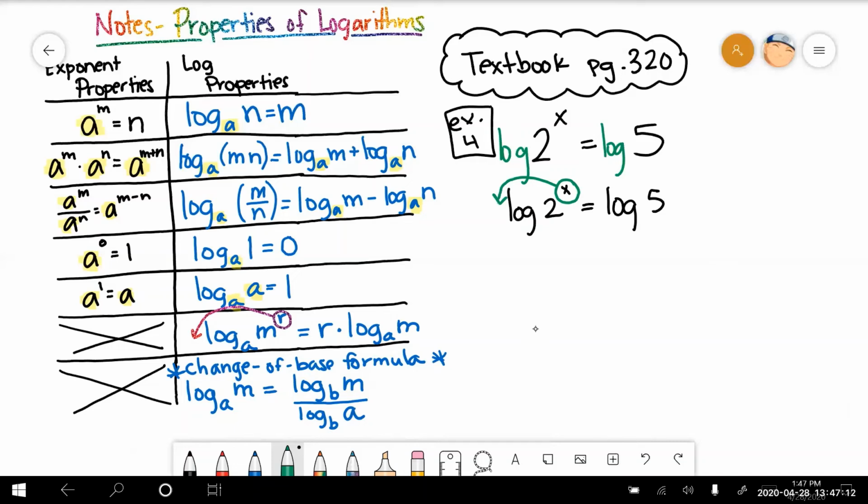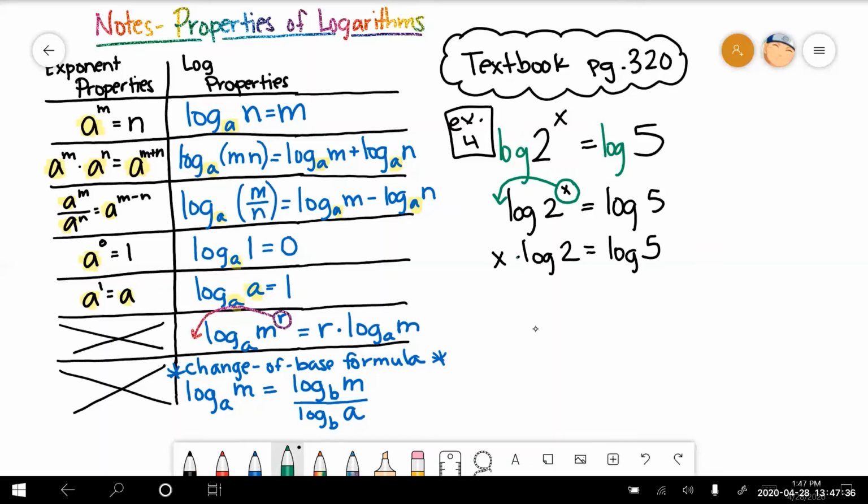So I'm going to go ahead and drop it down into the front as a coefficient so that now I have x times log base 10 of 2 equals log base 10 of 5. Okay, so far so good. At least we got the x out of the exponent. We can probably solve this a little easier now.